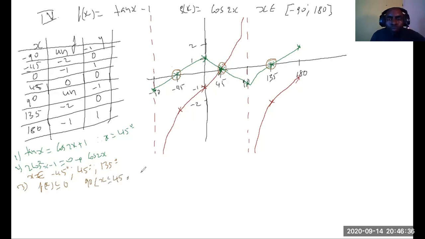Or then we have 90 and 180, and x in between. You want x to be bigger than that, less or equal to that. So those are the values of x where we are able to see those.